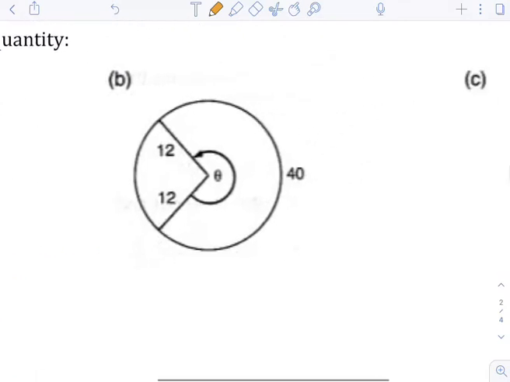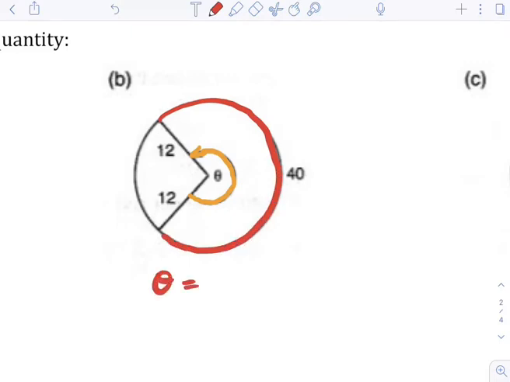So let's keep going. Next one that we have here, I have a bigger angle. And the arc length that we're dealing with, in this case, 40. So let's fill those in. Angle, I don't know. Arc length, I know is 40. Radius in this case is equal to 12.